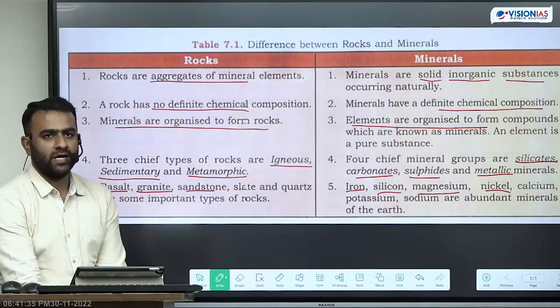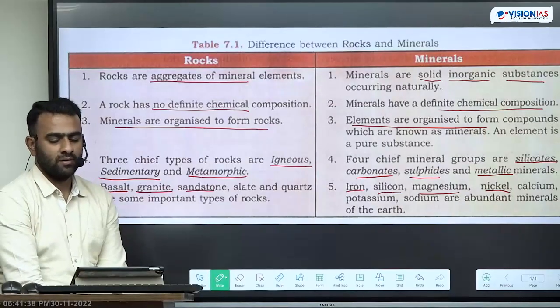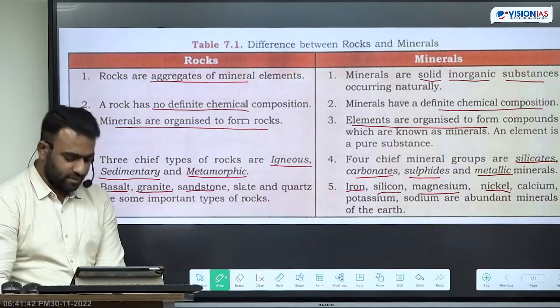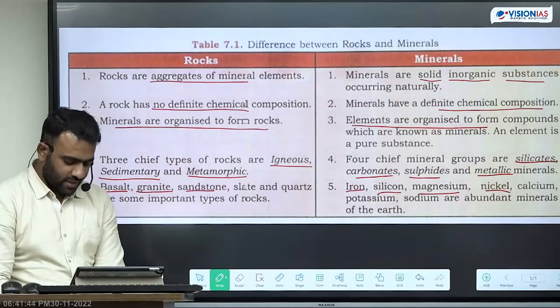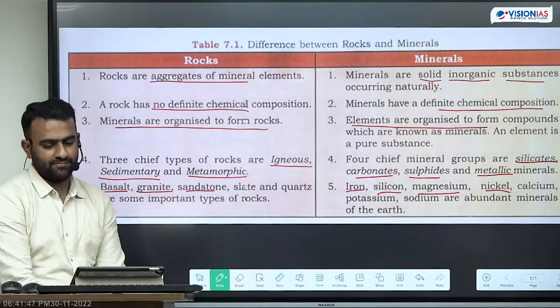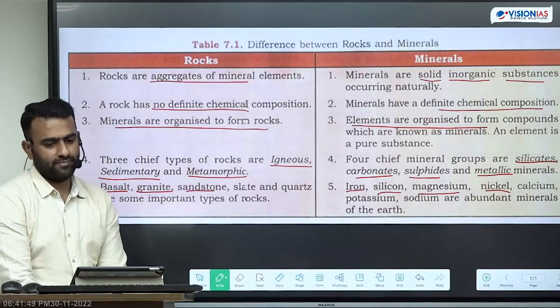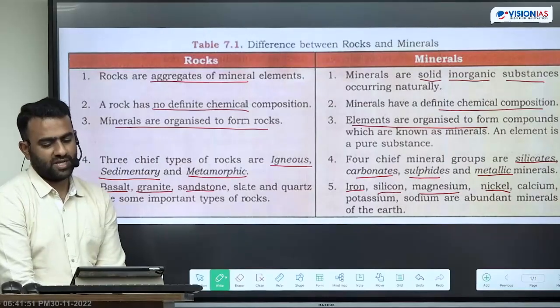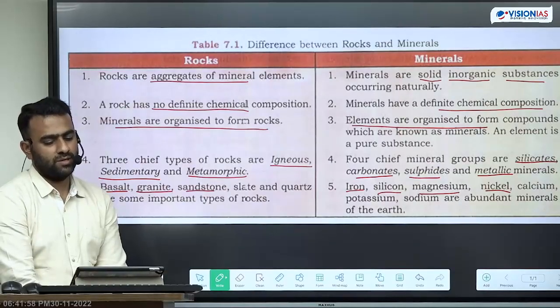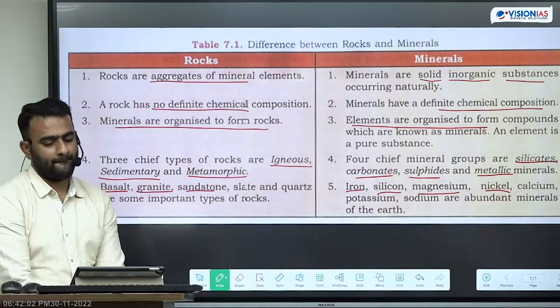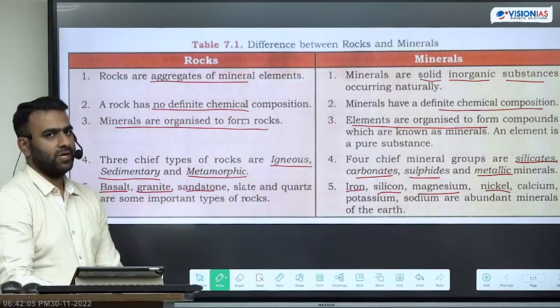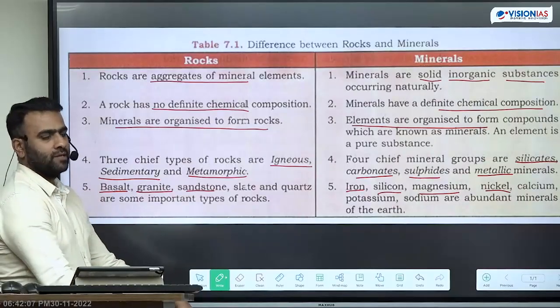Any naturally occurring aggregate of minerals is called as a rock.